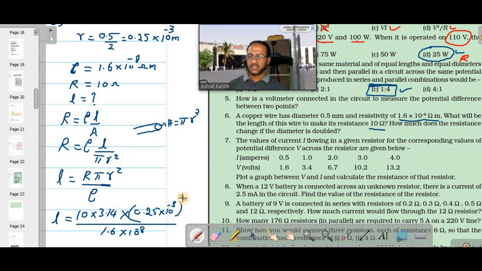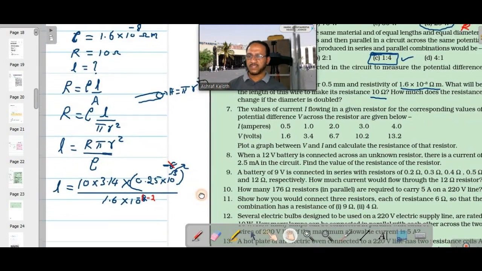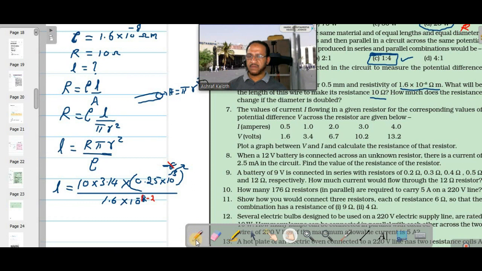Here 10 raised to minus 3 square means 10 raised to minus 6. This 10 raised to minus 8 and 10 raised to minus 6 we can cancel. What is remaining here? 10 raised to minus 2. If you take it to the numerator, 10 raised to minus 2 becomes plus 2.